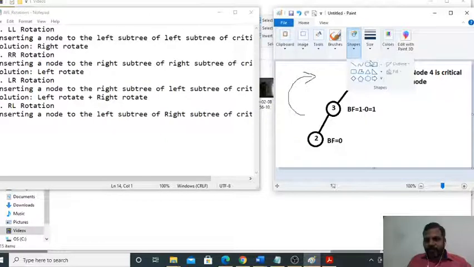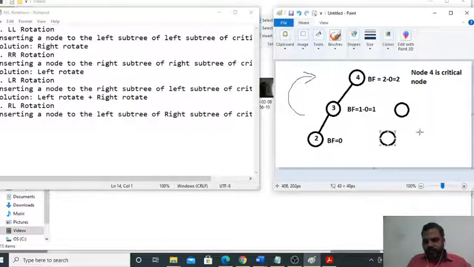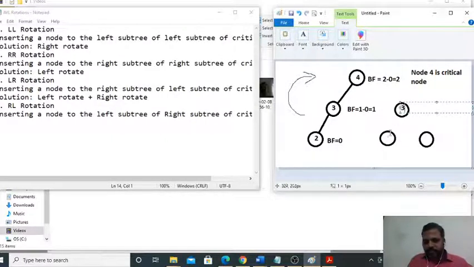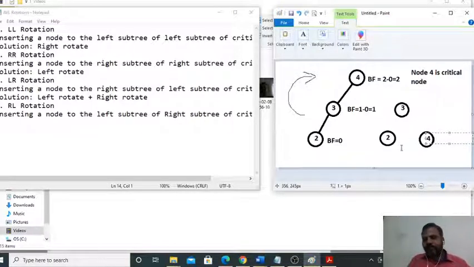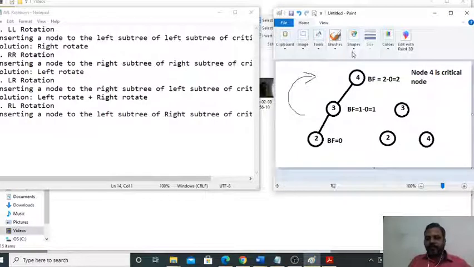After right rotation, 3 will become the root, 2 will be the left child, and 4 will become the right child of 3. So like this we are balancing the tree by using AVL rotation.